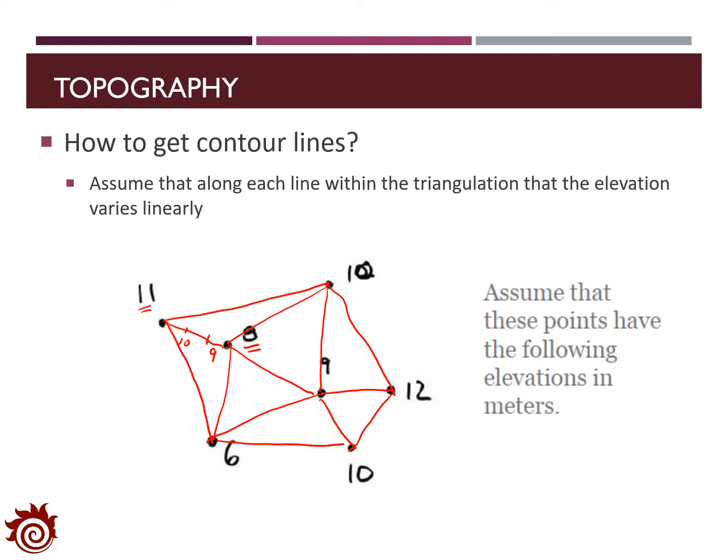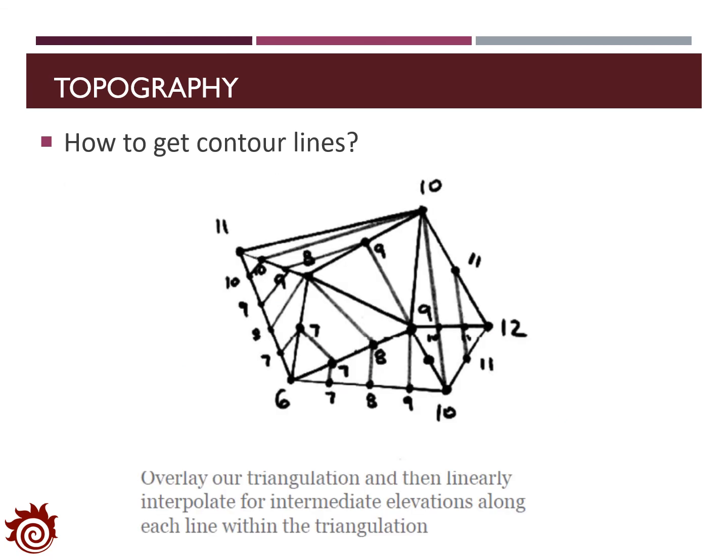For 8 and 9, it could be maintained as 1 point. Also, we can find out the division for the point between 6 and 8, so we have 7. We can apply this division for all the lines in the triangulation. With these divisions, we will then connect the points with the same elevation.